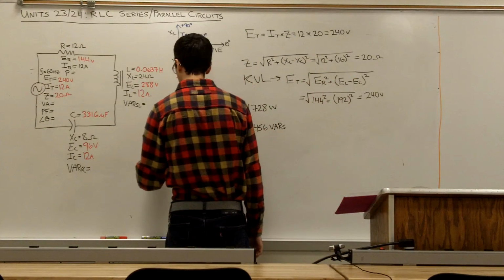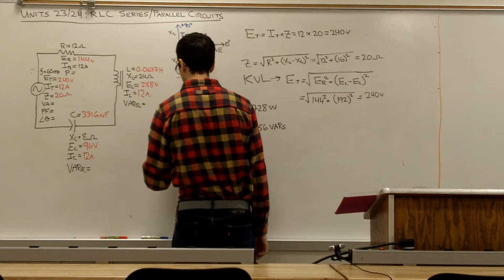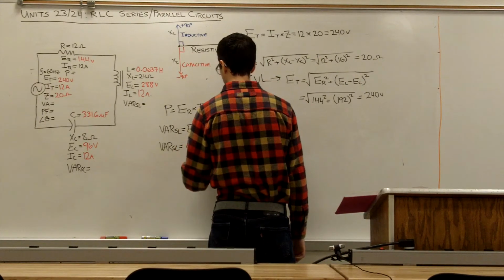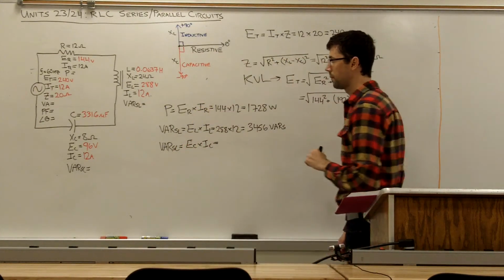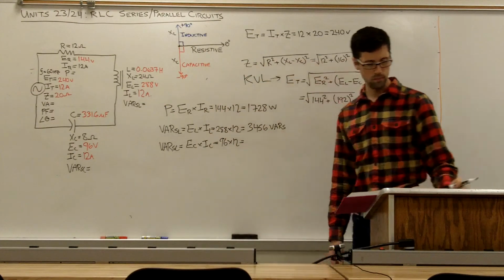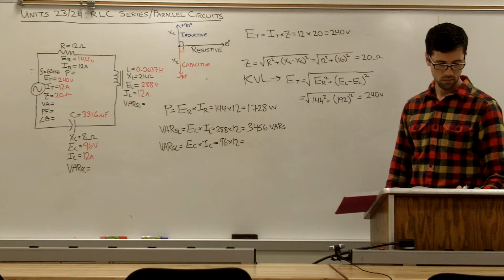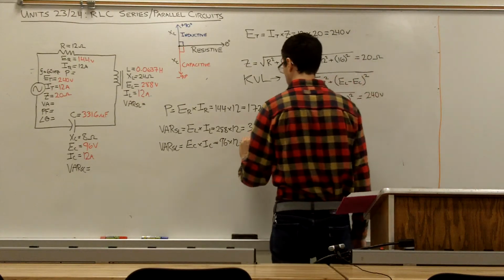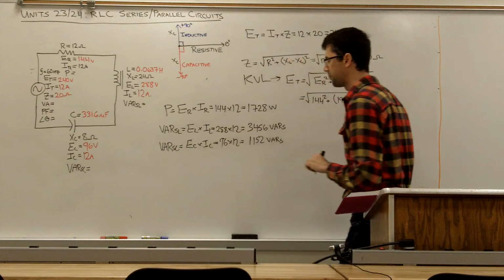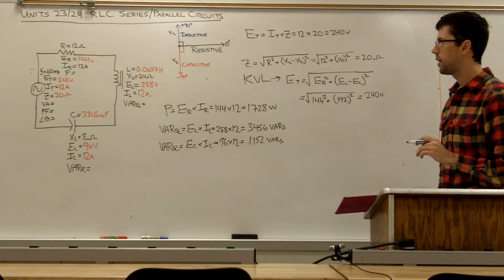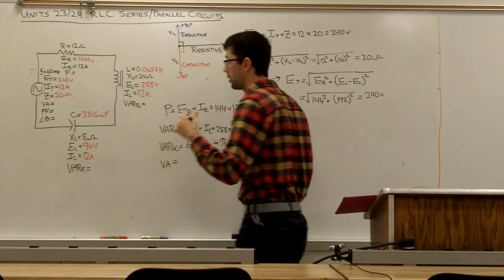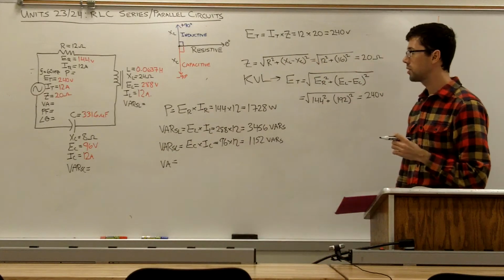Next, the reactive power of the capacitor, Q sub C, is going to be E sub C times I sub C, 96 volts times 12 amps, which is 1,152 vars. And then finally, our apparent power of the circuit, which can be thought of as sort of the total power being provided by the circuit.